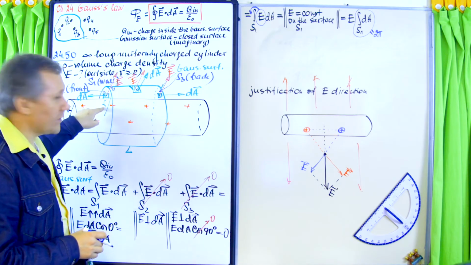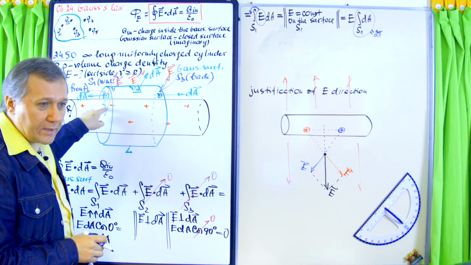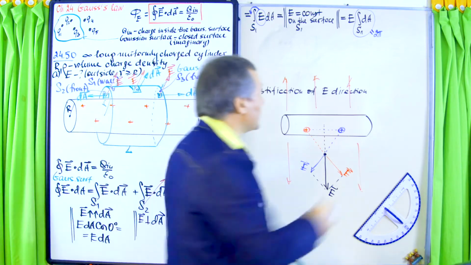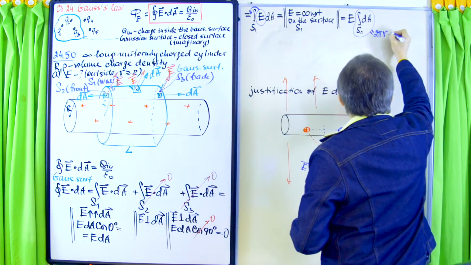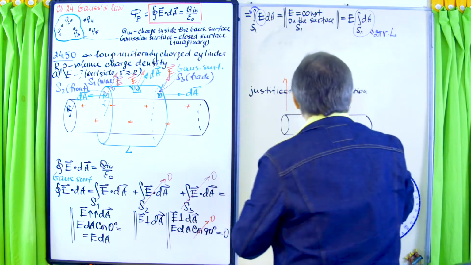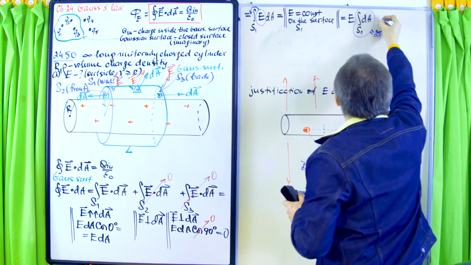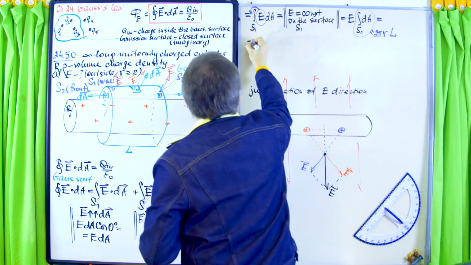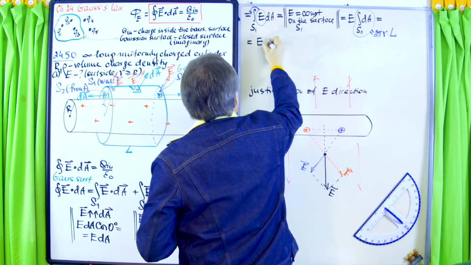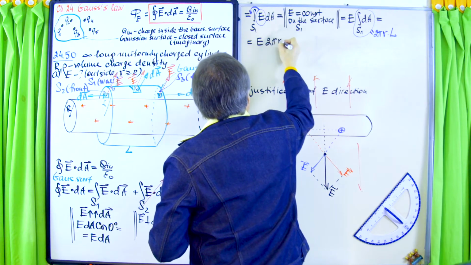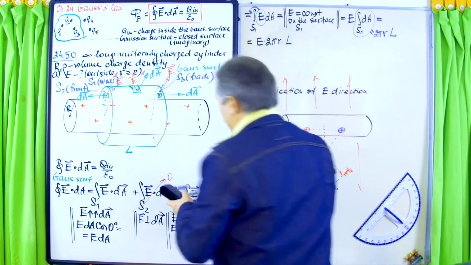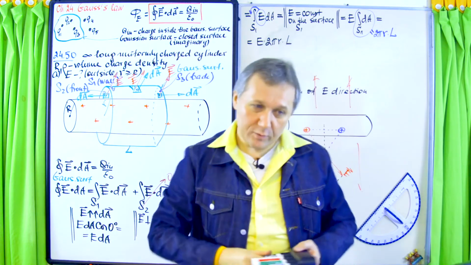We're integrating over the Gaussian surface, so it must be 2 pi r small times L. And as a result, finally, we're getting the value of the flux. So it will be E times 2 pi r small times L. That's the value of the electric flux through the Gaussian surface.